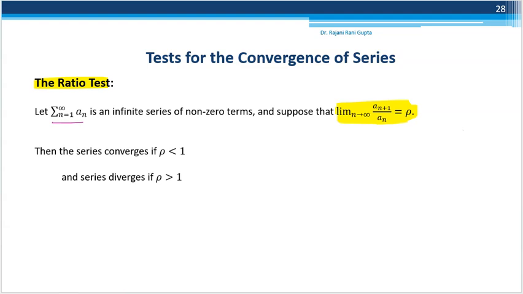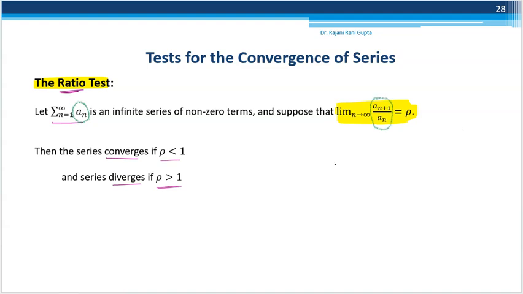Okay, now the series converges if this value is less than 1. The series diverges if the value is greater than 1. Okay, so as the name says, ratio test, what we are doing is finding the ratio of a_n over a_(n+1).